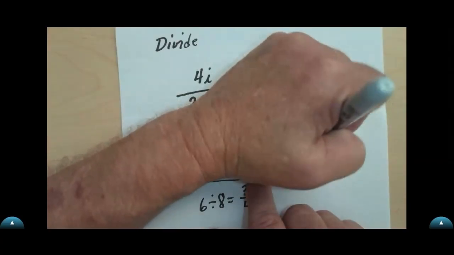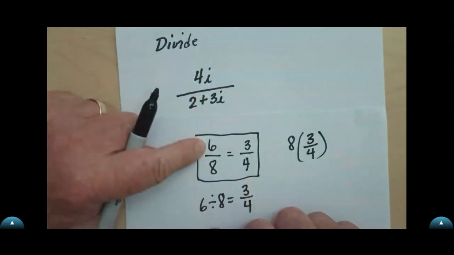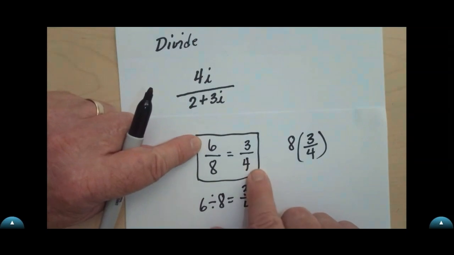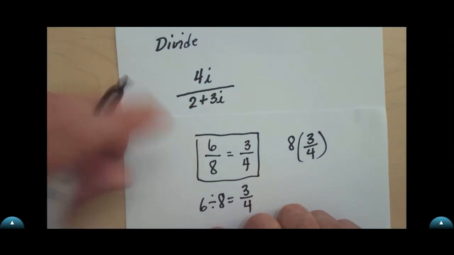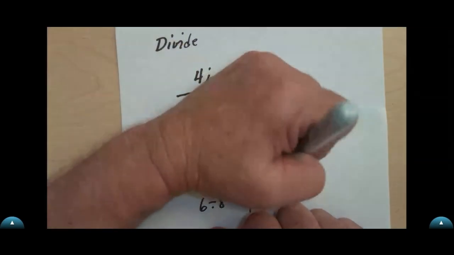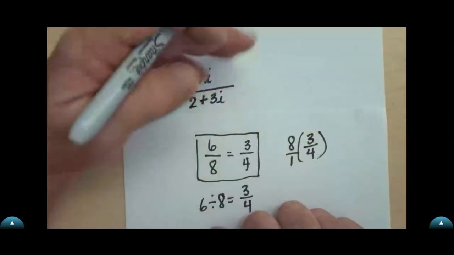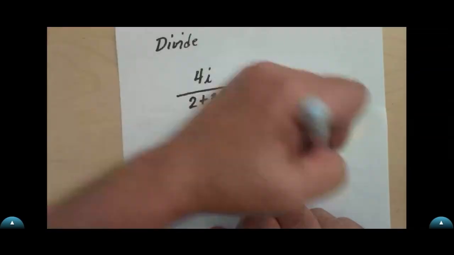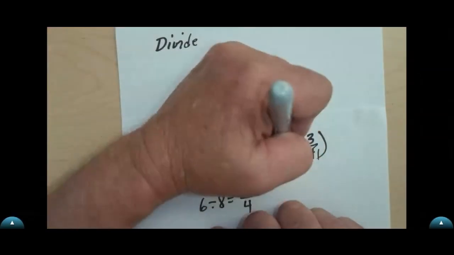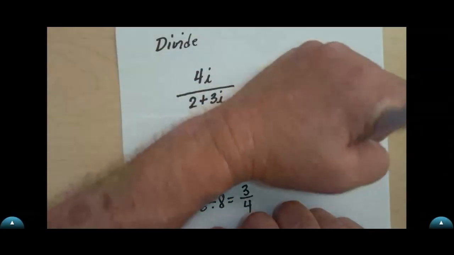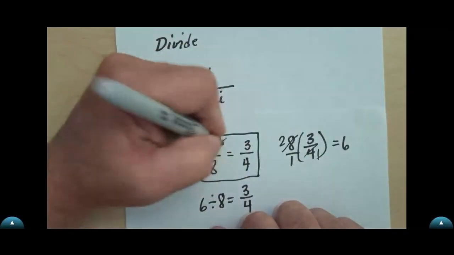If we multiply these and get our original dividend 6, then 3/4 is definitely the correct answer to 6 divided by 8. And of course we will, because when you multiply these, you get 24/4, which is 6, or you could say 4 goes into 4 one time, 4 goes into 8 2 times, 2 times 3 is 6. That's what it's supposed to be.